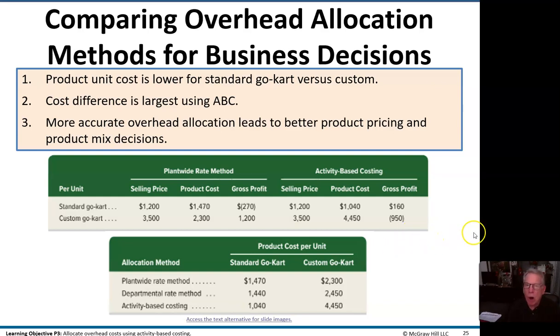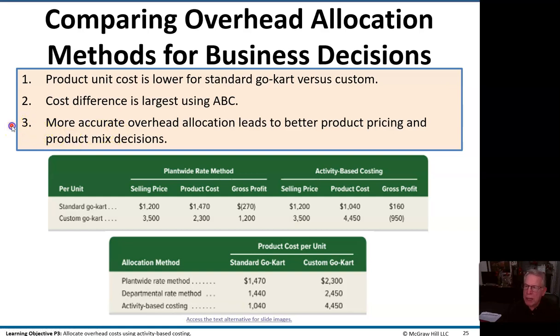When we left off, we reviewed the fact that number 1, product unit cost is lower for the standard go-kart versus the custom. Number 2, the cost difference is the largest using ABC.